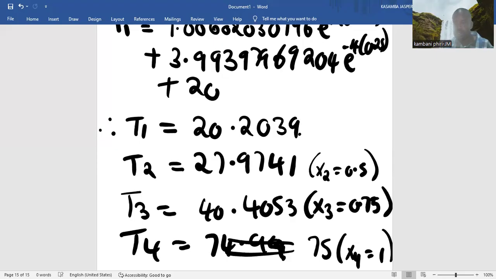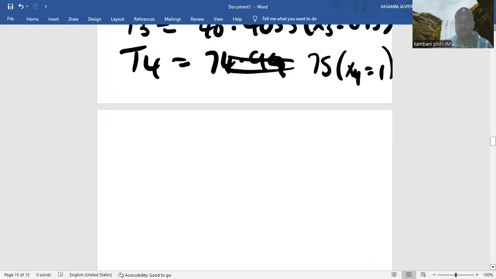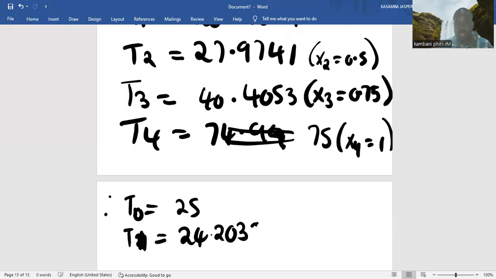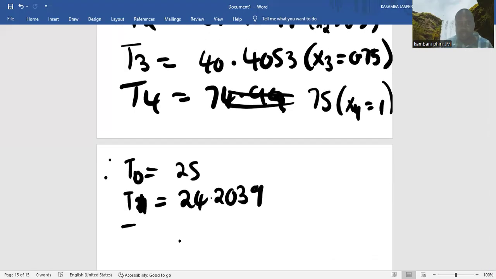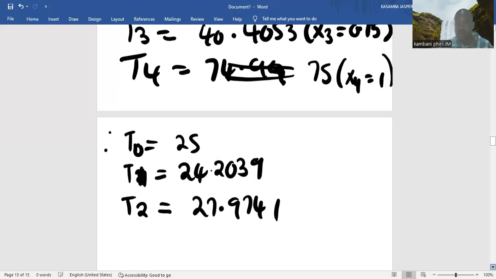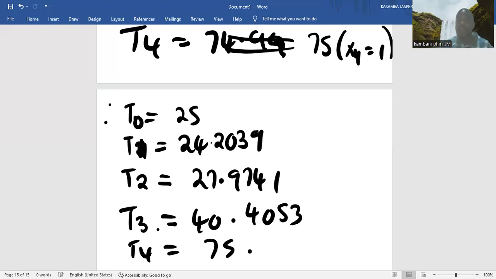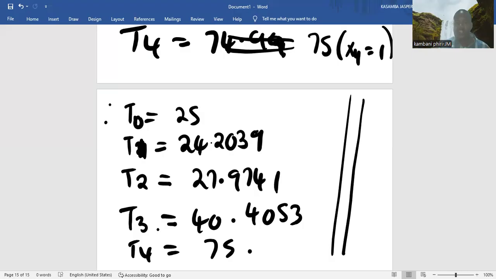So those are our solutions: T naught is 25, T1 is 24.2039, T2 is 27.9741, T3 is 40.4053, T4 is 75. That is our solution according to the step size.